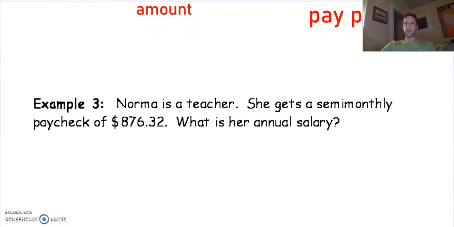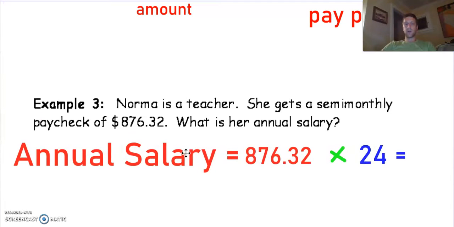We want to find her annual salary. Well, semi-monthly, if I look back at the front page, that means 24 paychecks in a year. So I can take this number, multiply it by 24, and that will give me the annual salary. So for this one, it's going to be $21,031.